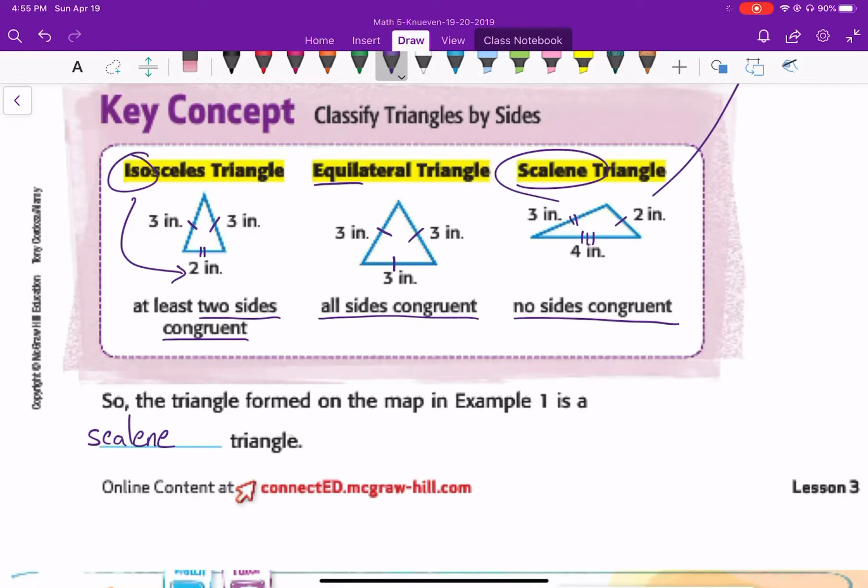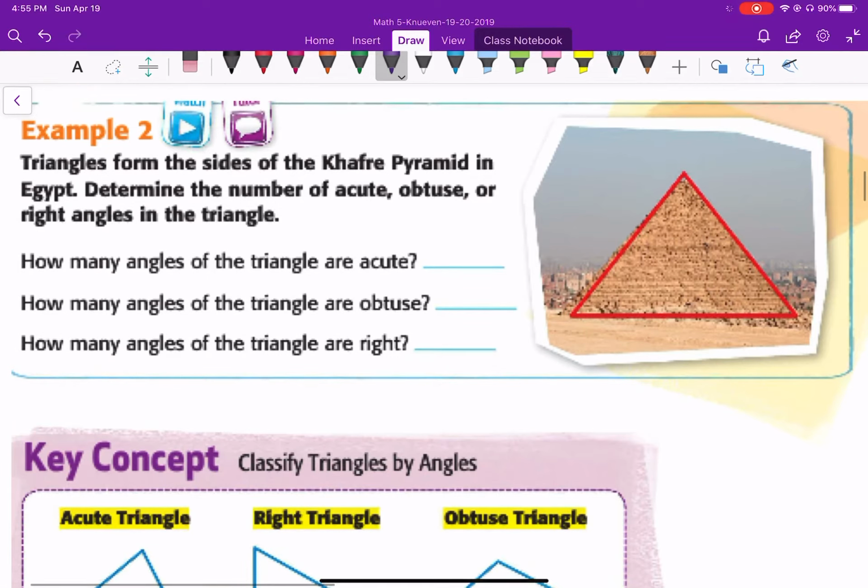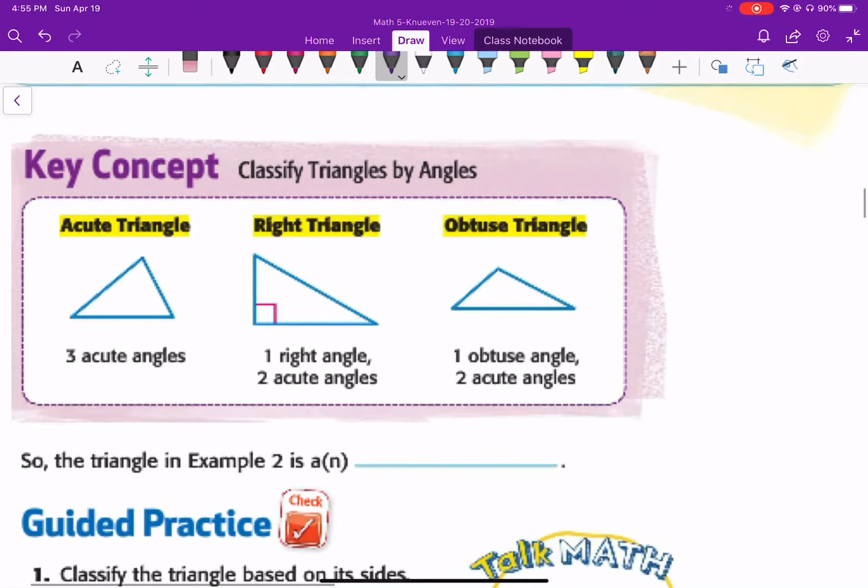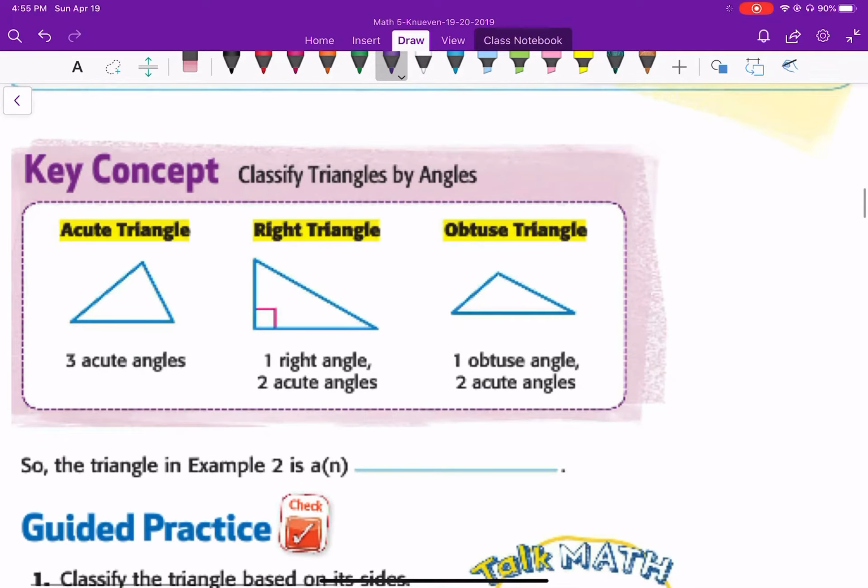All right. Next, we are looking at the pyramids in Egypt, and we're determining the number of acute, obtuse, and right angles. Those are fun terms, so let's first identify what those words mean. First, acute. Some of you may think, oh, acute, like so small, so itty bitty, so precious looking.